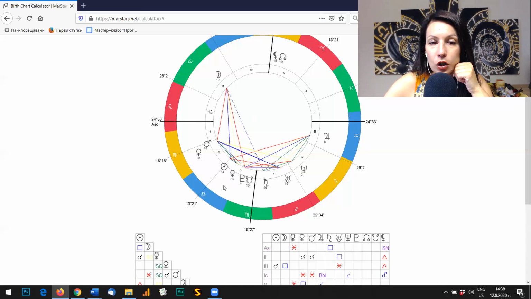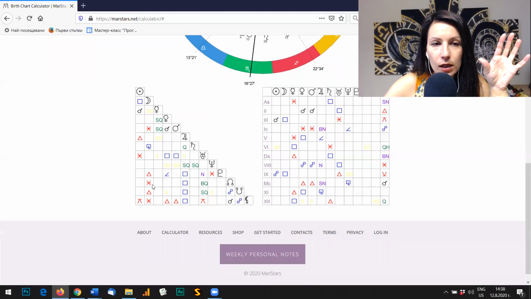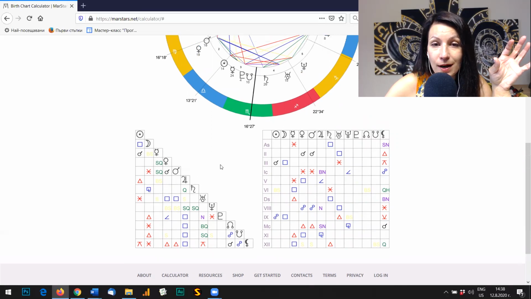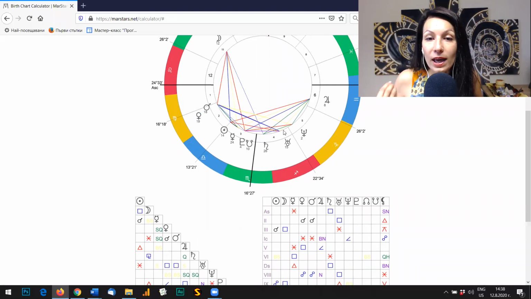And if you need, you can use this table here, which will show you the aspects. For example, we can see that Uranus has sextile with the Sun and squares with Venus and Mars. This is also helping us to understand the way that this Uranus will manifest, the energy that it will bring.